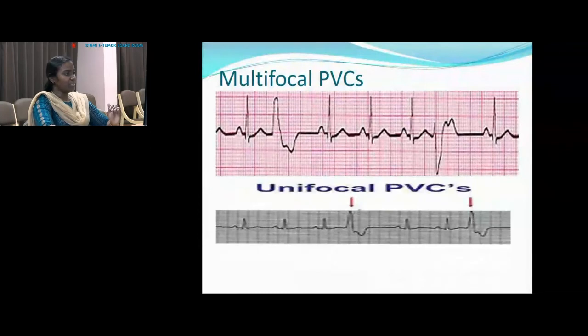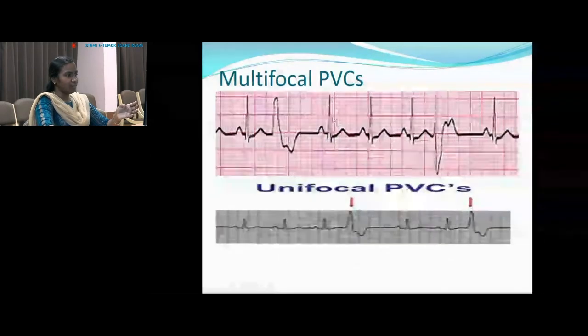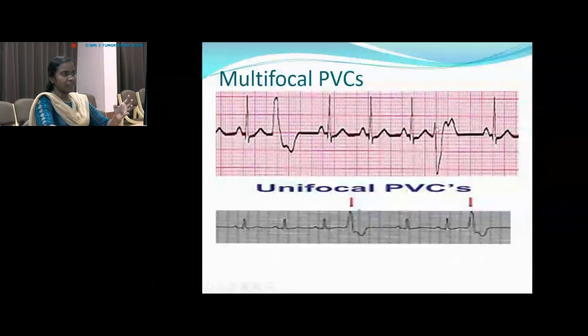First one is multifocal. See here, in multifocal, the PVCs are different in shape. See, this one is entirely different, and this is the normal one, and this abnormal PVC and this abnormal PVC are different. So the PVC complexes will be different.